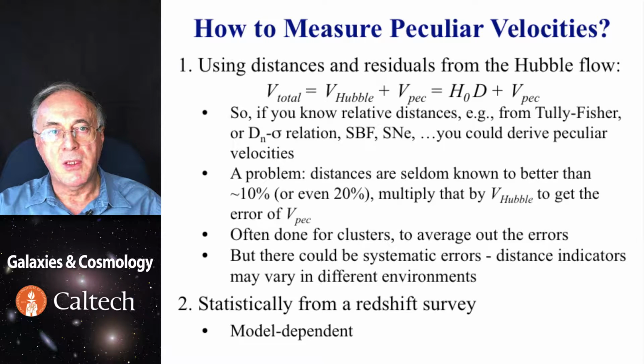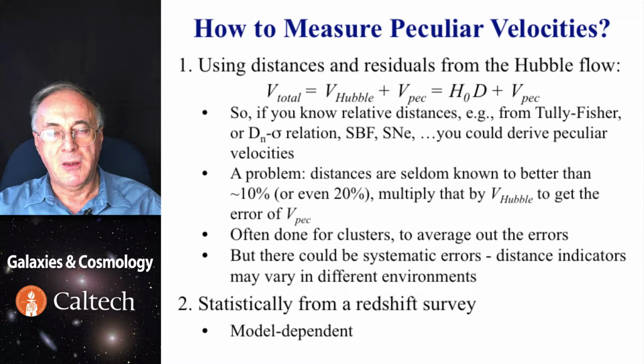The errors in estimation of distances to galaxies will map directly into errors in estimates of their peculiar velocities. You may recall that there are a number of distance indicators for galaxies which we can use to compute their distances. They're not given by the redshift, but each one of them has its intrinsic scatter, and each one of them would then yield errors in the estimates of the peculiar velocity.